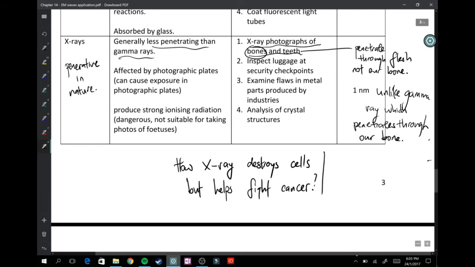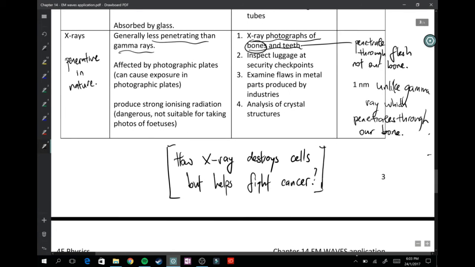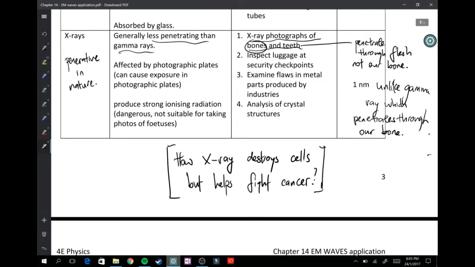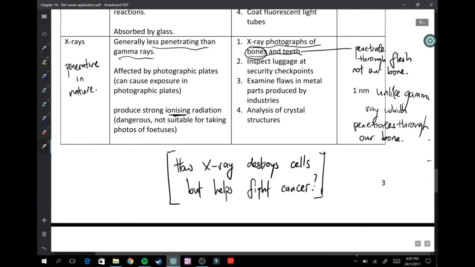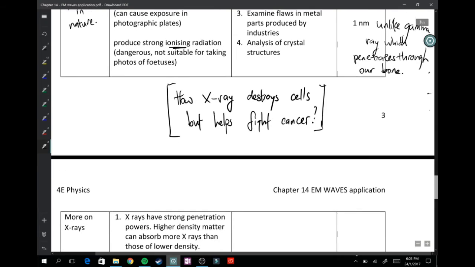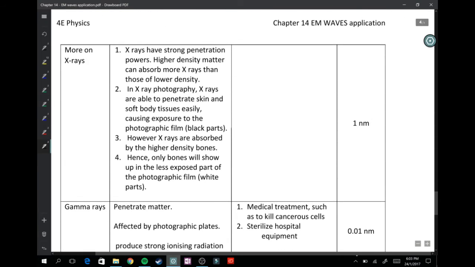I want you all to go and read on this, also in the link below: how X-ray can actually destroy cells but helps fight cancer. Now I think the rest are quite straightforward. Other than this word ionizing, the rest should be pretty much simple English to you all. I'll explain ionizing in a minute or two. Let me just talk more about X-ray.